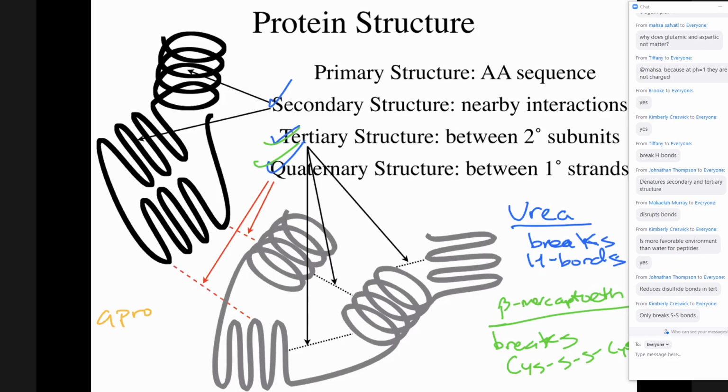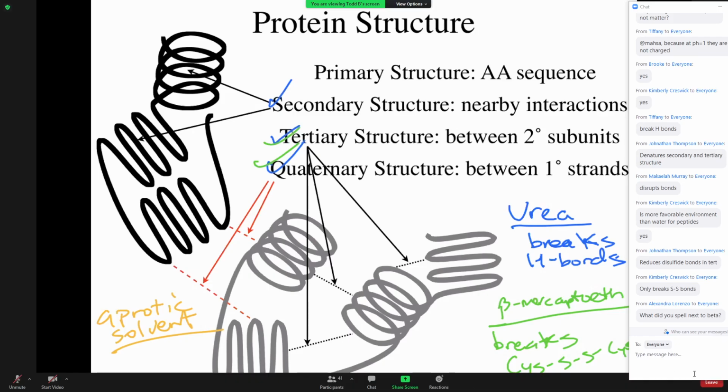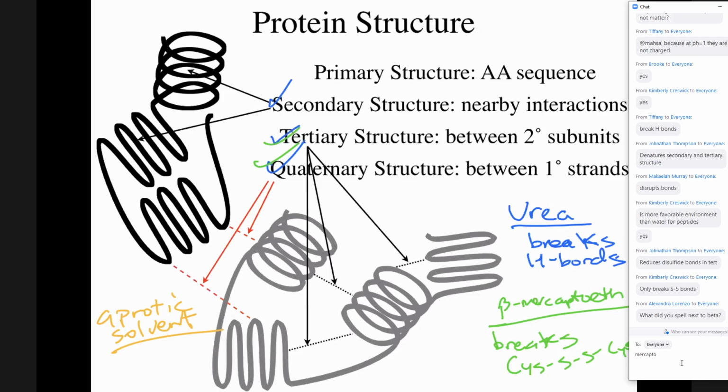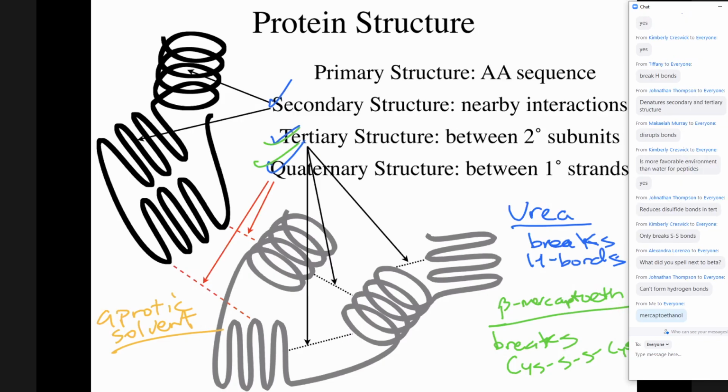What does an aprotic solvent do? Going all the way back to the very first thing we asked, which is a structure you normally see. Aprotic. Oh, what did I spell next to that? Clearly, you can see this is beta. So, I'm so sorry.